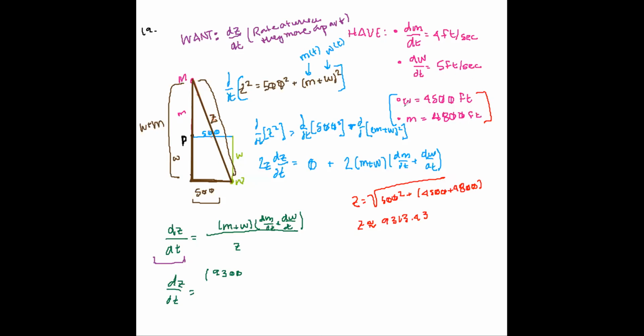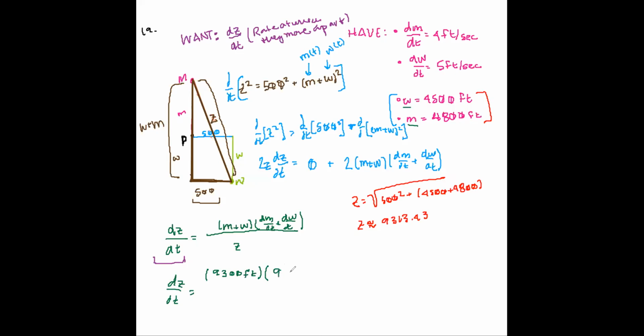What are the units of w and m? Feet? Okay, we're not per anything yet. So 4,500 feet plus 4,800 feet. Got it. And then dm/dt plus dw/dt.